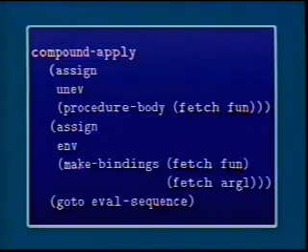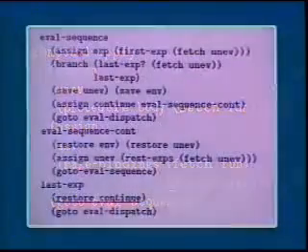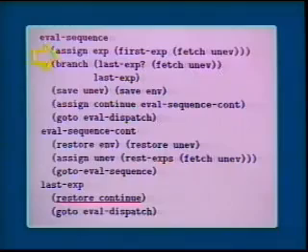And eval sequence is a little loop that basically does these evaluations one at a time. So it does an evaluation, says, oh, when I come back, I better come back here to do the next one. And when I'm all done, when I want to look at the last expression, I just restore my continue and go off to eval dispatch.